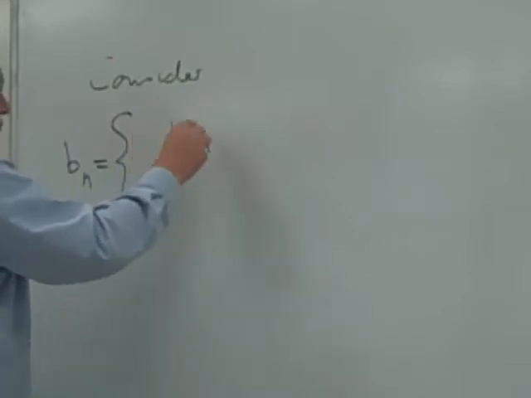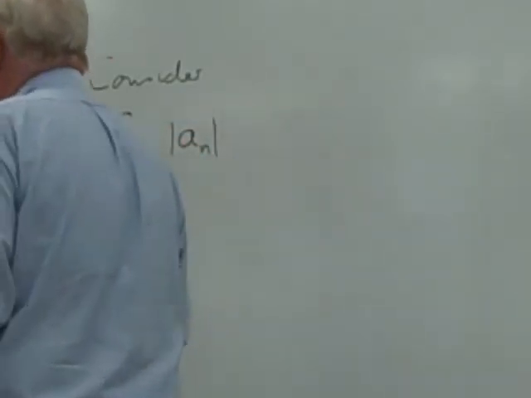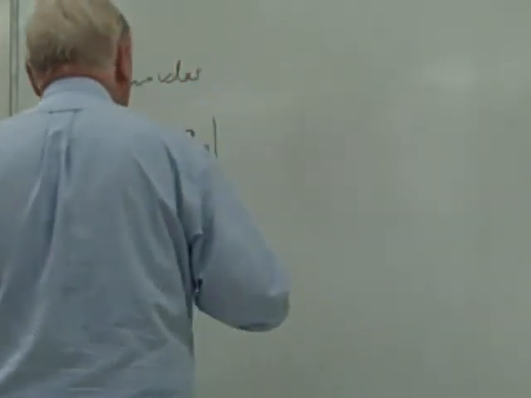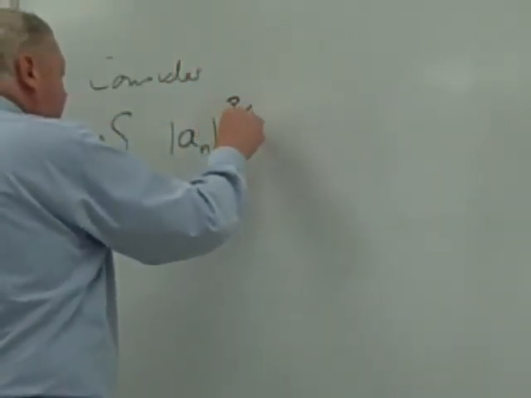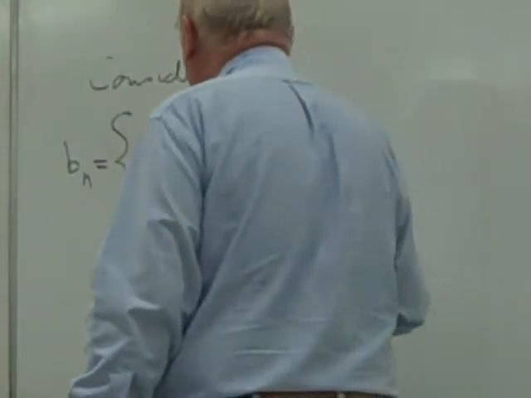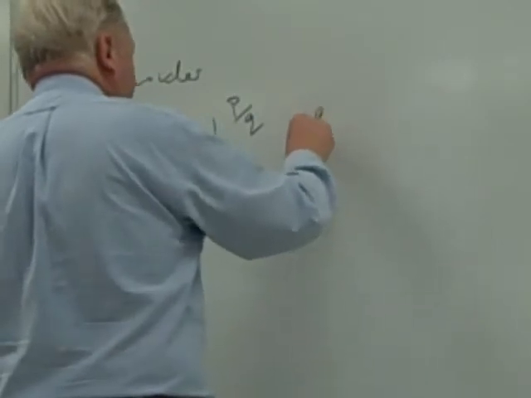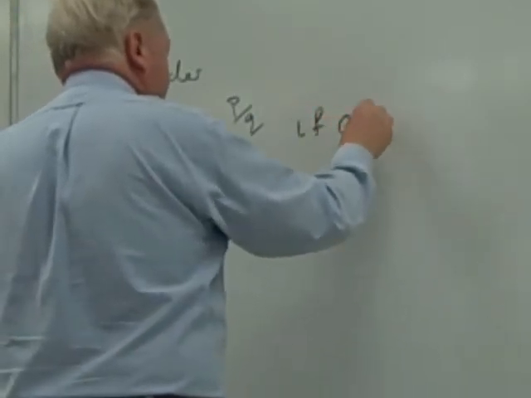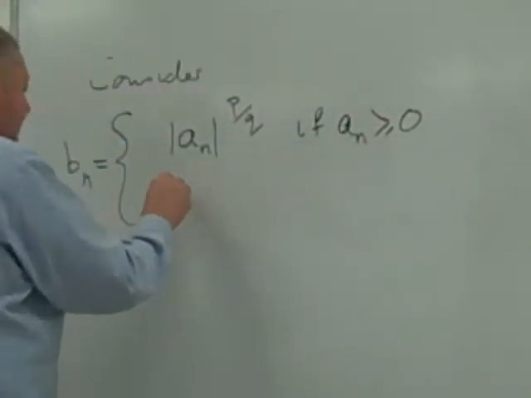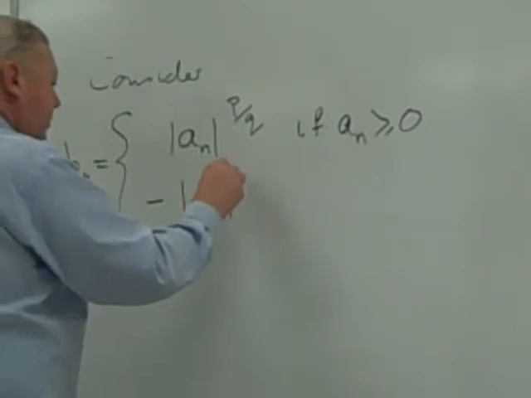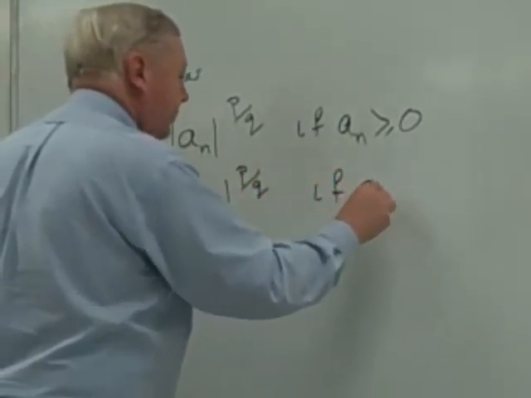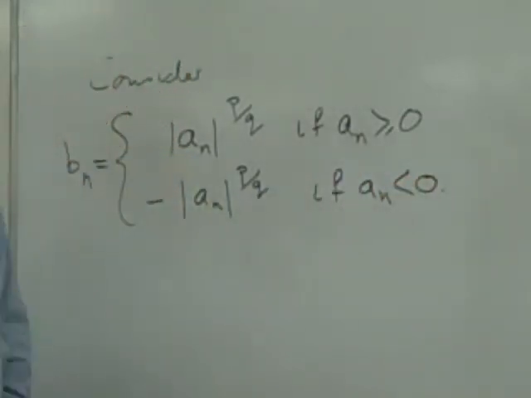It's going to be absolute value of a_n raised to the p over q power if a_n is greater than or equal to 0, and it's going to be negative absolute value of a_n to the p over q if a_n is negative.